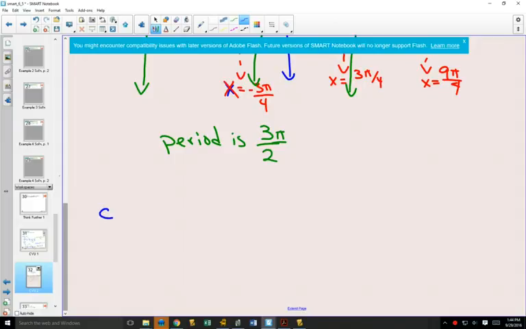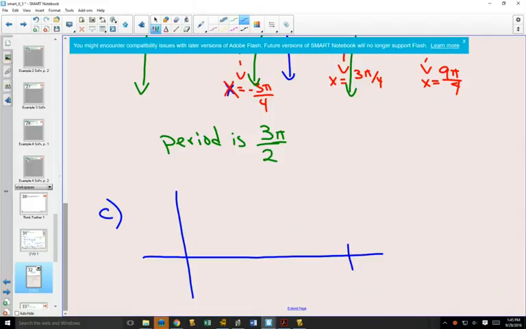And part C. So yes, you are starting to see that, yeah, you could figure out these things quickly without having to graph it. But we're going to have to graph these all in the end anyway, so this is good practice as we do it. Sine of x over 7. Well, normally we would mark one period at 2 pi, but now we're multiplying things by 7.